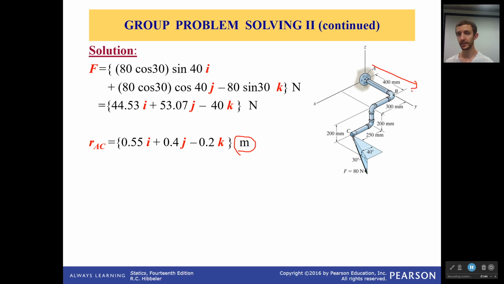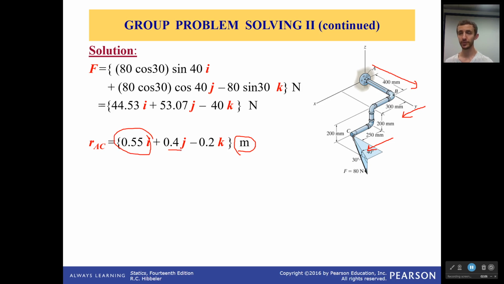And that looks pretty fine. And then we go 400 millimeters in the y direction. Then we go 300 millimeters in the x, and then another 250 millimeters in the x. Okay, so that's where the 0.55 comes from, 300 plus 250, 550, and switch to meters.